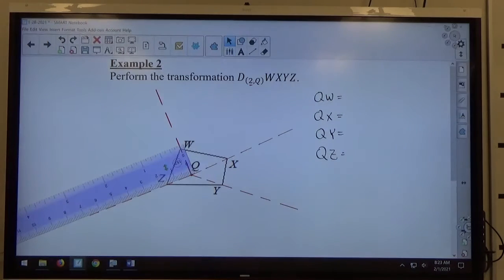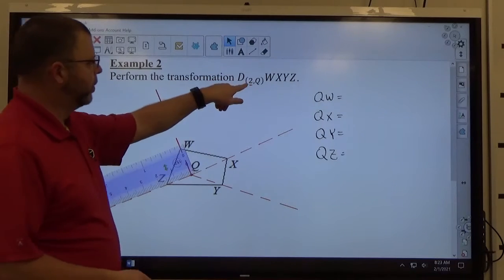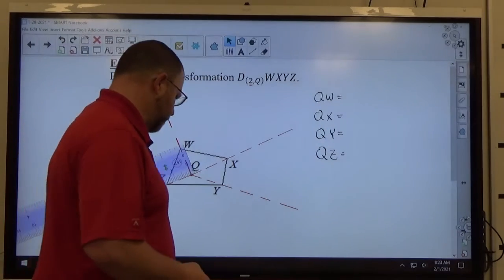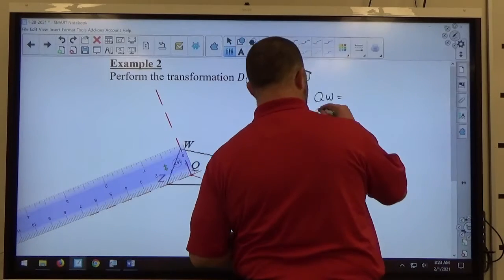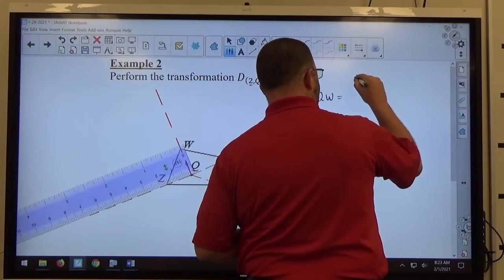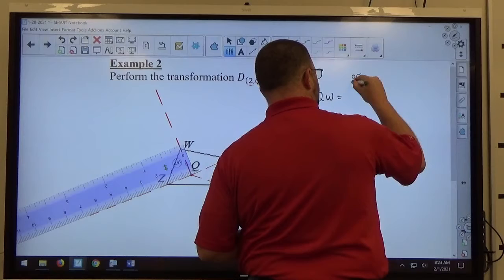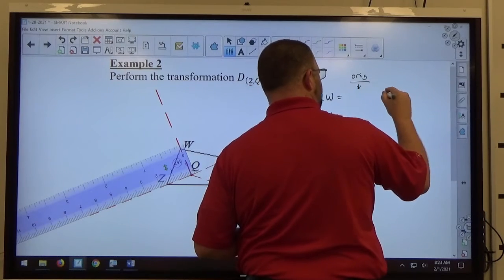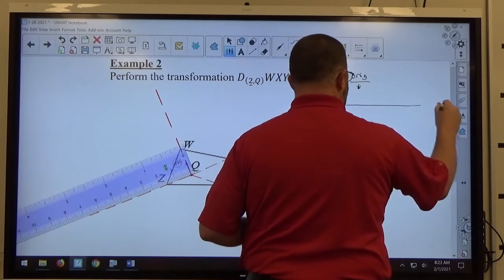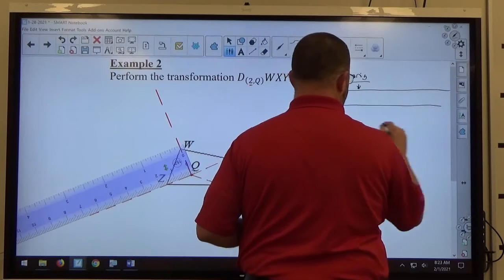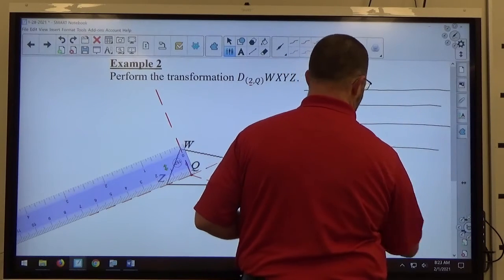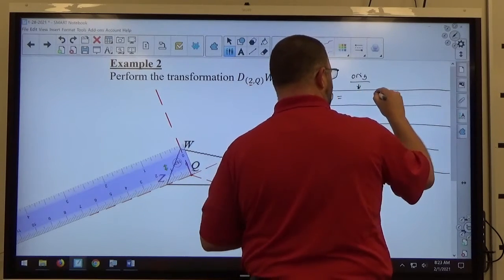And each of these original distances from Q to each of these points is going to be then doubled, because that's what our scale factor is. So basically, if I were to make a little chart here, this is my original measurements down here. And I'll just maybe make some rows here. And I'm going to get measurements by my ruler.